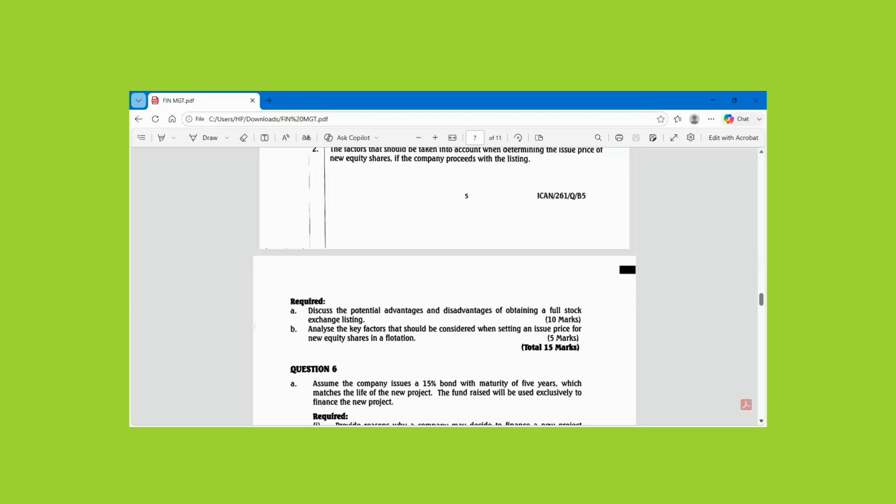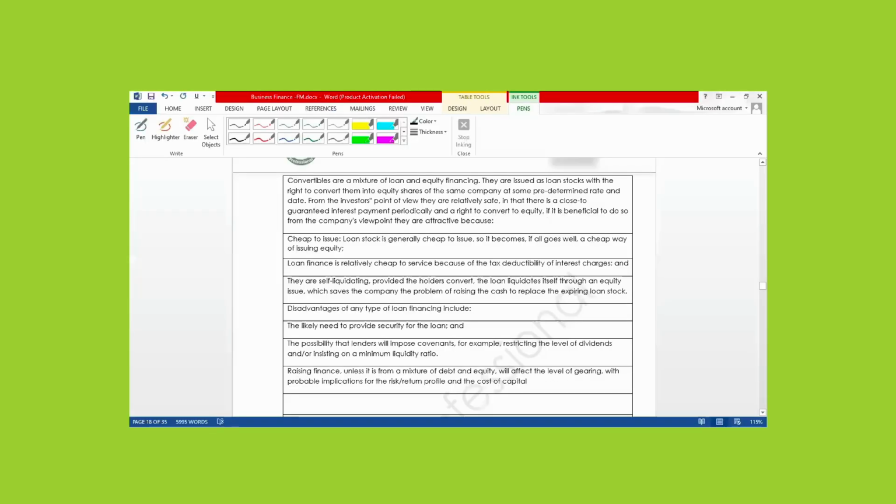If you look at this question, it is indirectly coming from finance. What are the advantages of going to the stock market? What are the disadvantages? Let's look at it here. The expected solution.